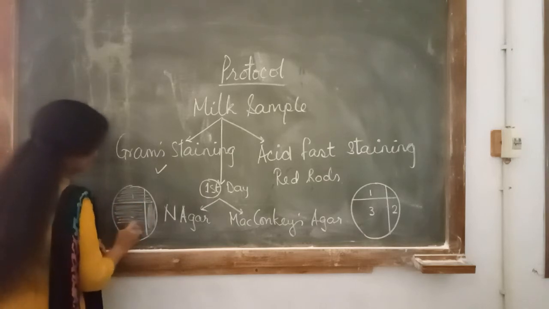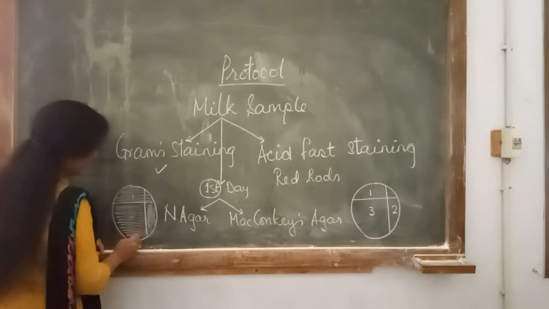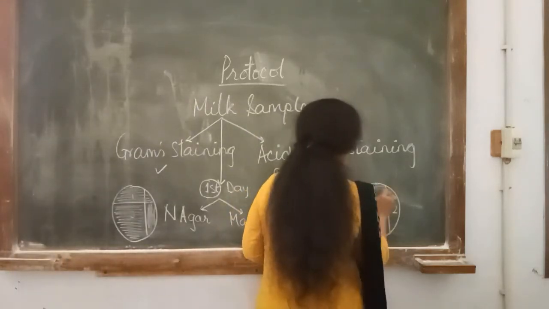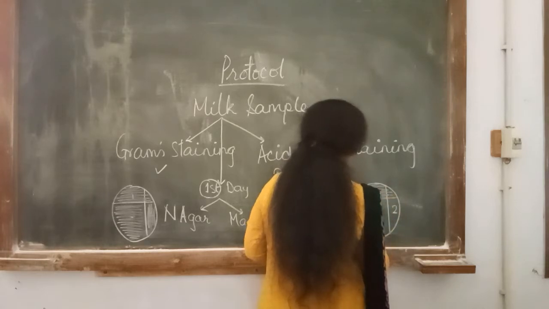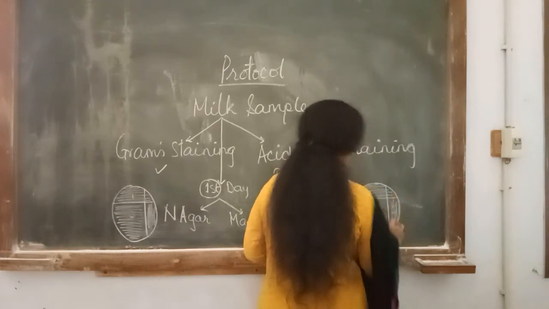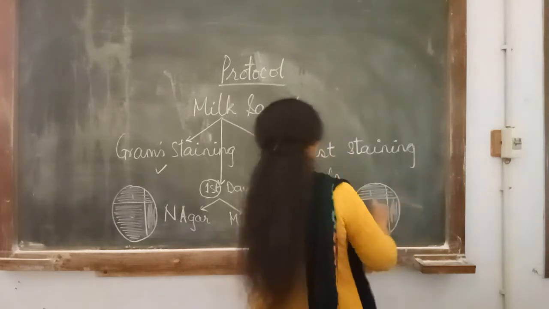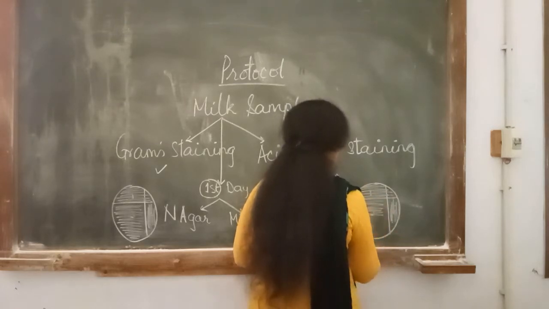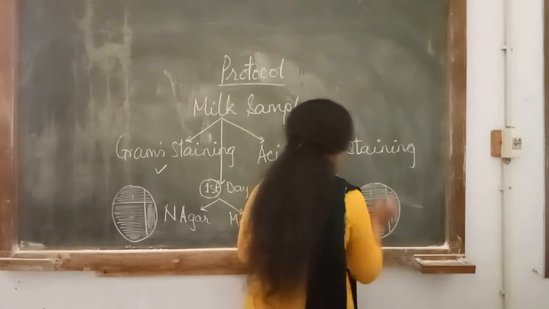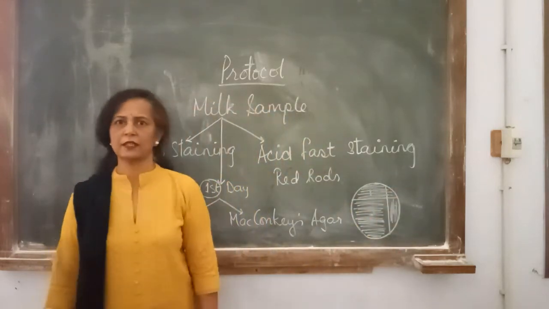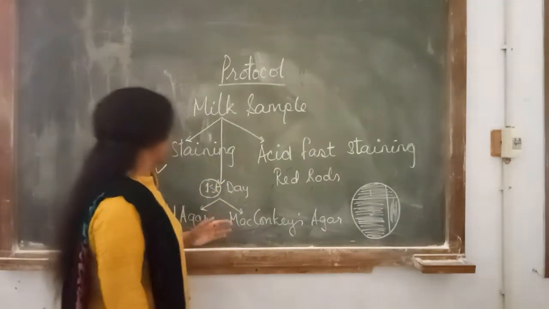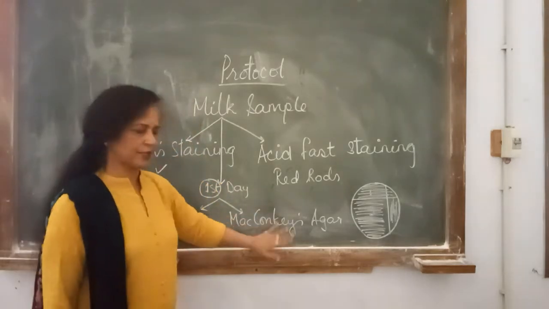Okay, and there will be more chances of getting well isolated colonies in the third sector. Like this. You have to make the strokes as near as possible, so you will get more nicely well developed isolated colonies.